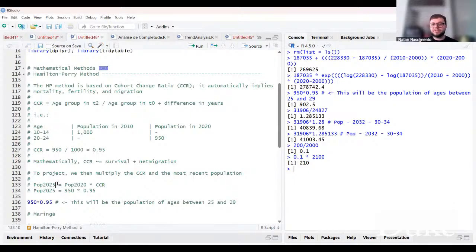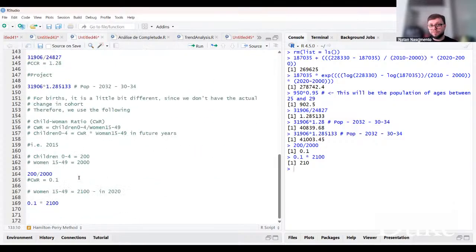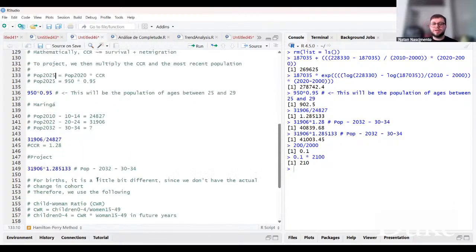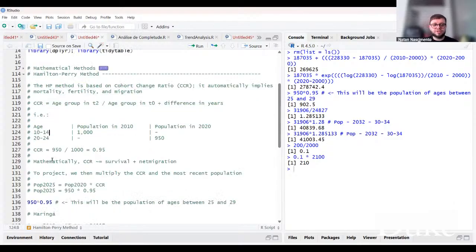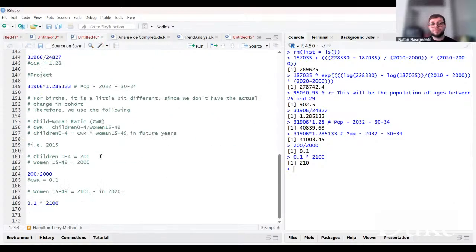Not every city, county, state or country has this publicly available. Brazil has the birth registry, so it's publicly available. We have the number of births every single year, so we can do the pure Hamilton-Perry to project. The other is not something that is wrong, but if we don't have the actual change in cohort, we can use this one to project an expected number of people of age 0.